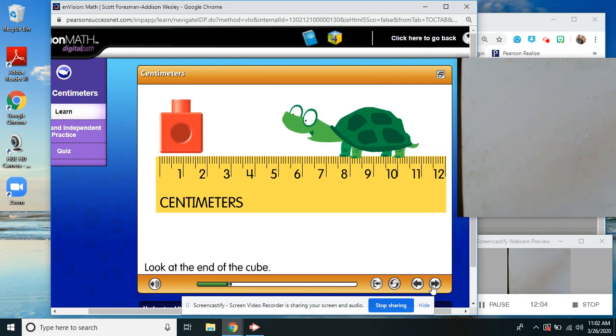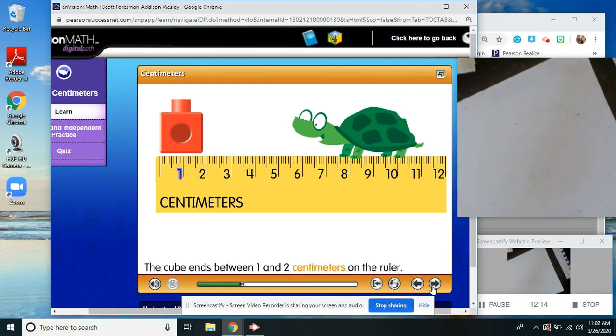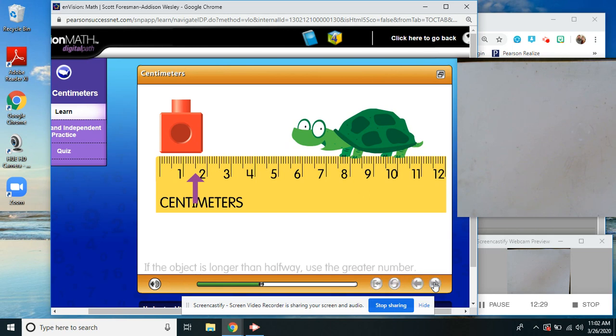Look at the end of the cube. Between which two numbers on the ruler does the cube end? The cube ends between 1 and 2 centimeters on the ruler. To measure to the nearest centimeter, look for the halfway mark. It is halfway between 1 and 2 centimeters.